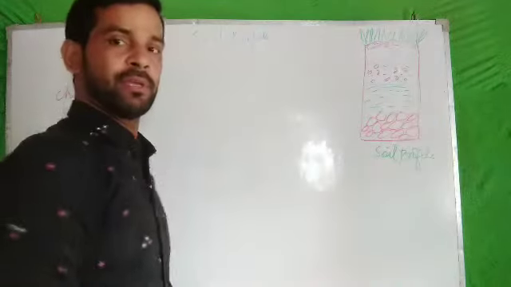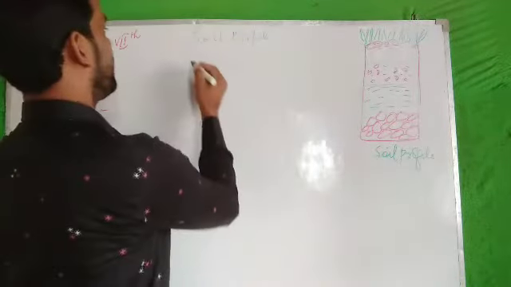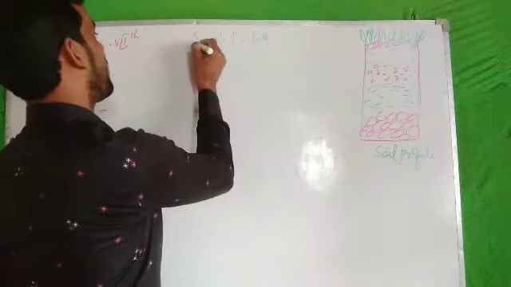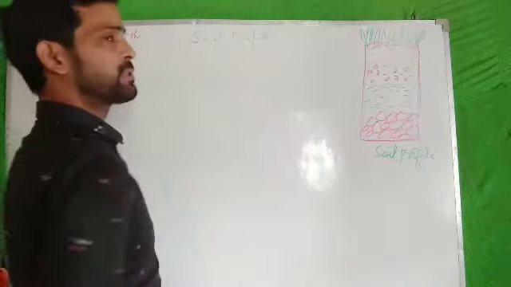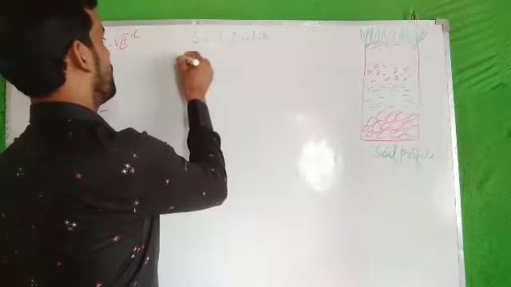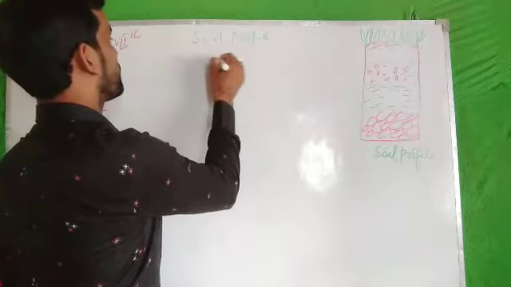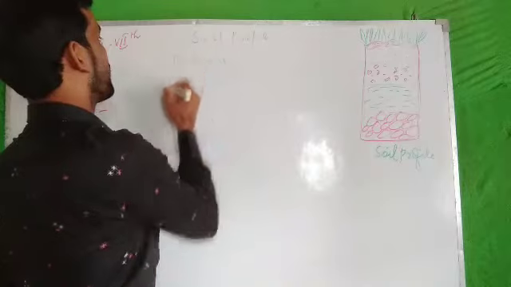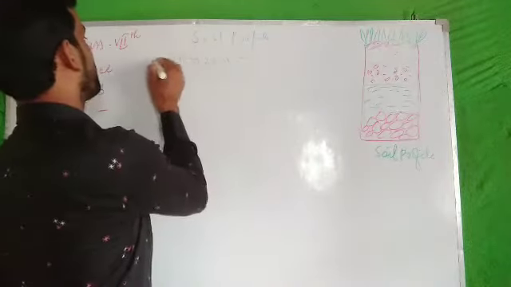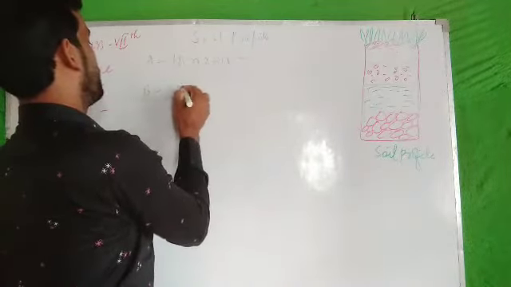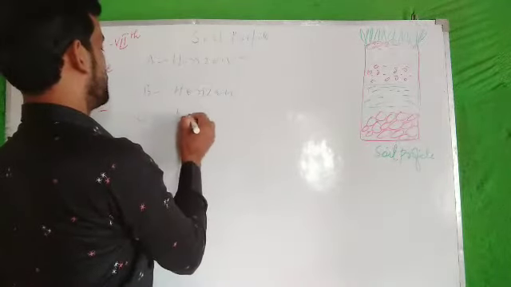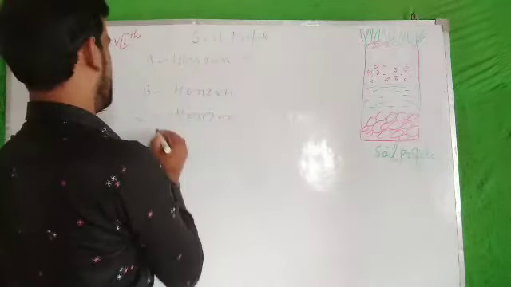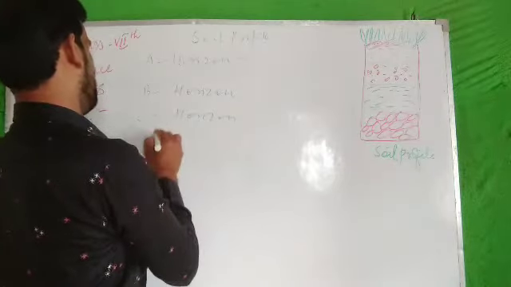The soil can be divided into different types. What are these types? They are categorized in horizons: A horizon, B horizon, C horizon and bedrock.